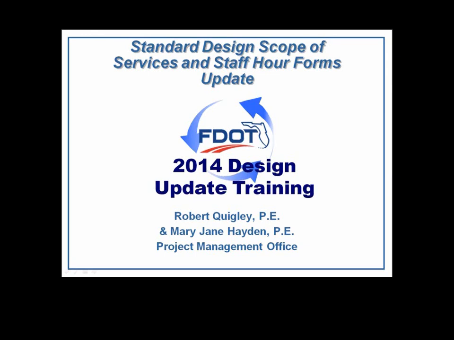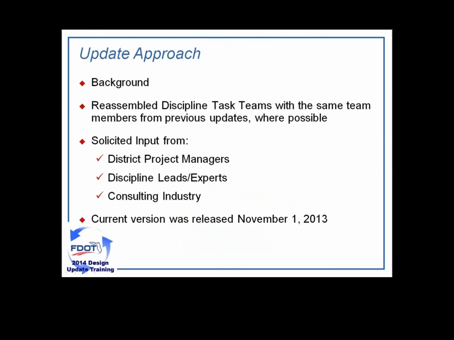The teams looked at district standard scopes that had evolved over the years and identified best practices and some district issues that may have been occurring due to the way things were worded in the scope or staff hour forms. This information was used to develop the revisions to the scope and staff hour forms to be more consistent, predictable, and repeatable. The current version of the scope of services was released on November 1st, 2013, and made available for immediate use.